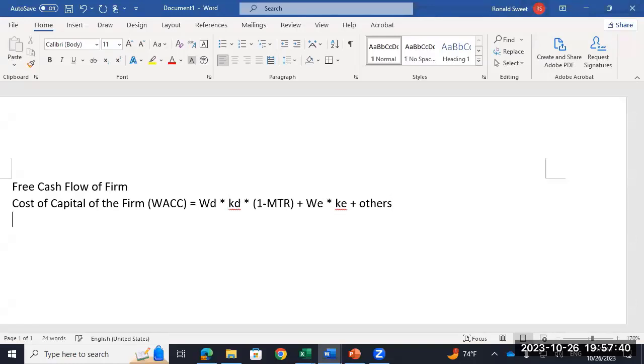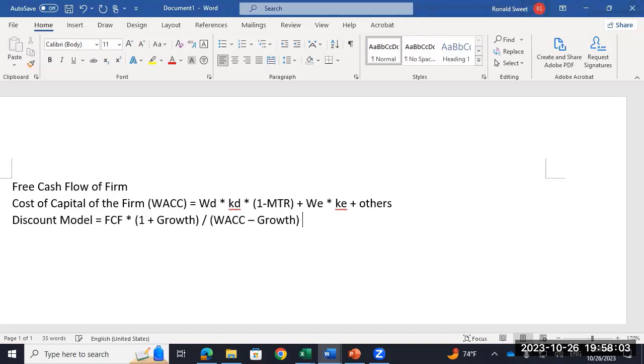Once you do that, you do a discount model. Essentially, free cash flow times 1 plus growth. But here, you're going to divide it not by the KE. You're going to divide it by the WACC minus growth. And what is that going to equal?